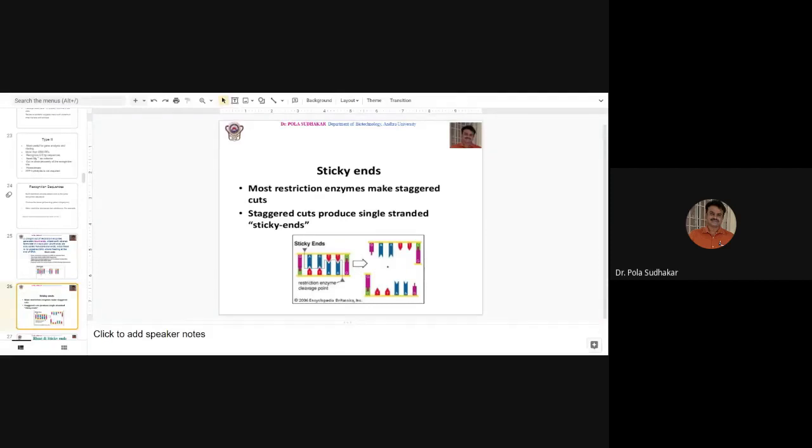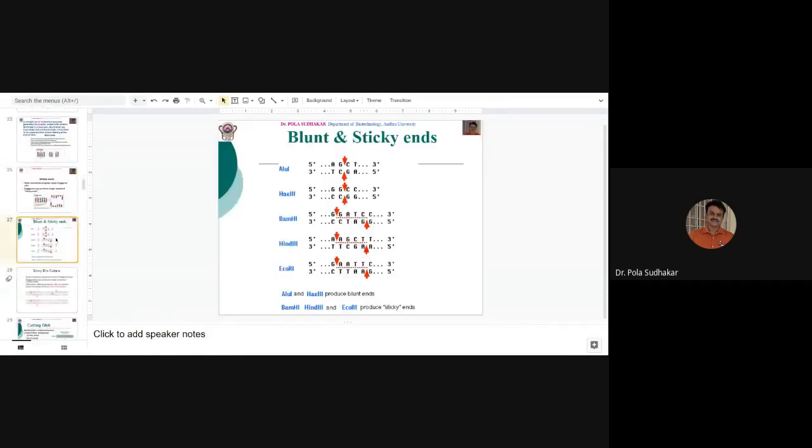Staggered cuts produce single-stranded sticky ends. Here you can see the restriction enzyme cleaving point. In this manner it cuts the DNA and generates sticky ends. These sticky ends are useful in genetic engineering experiments and recombinant technology.